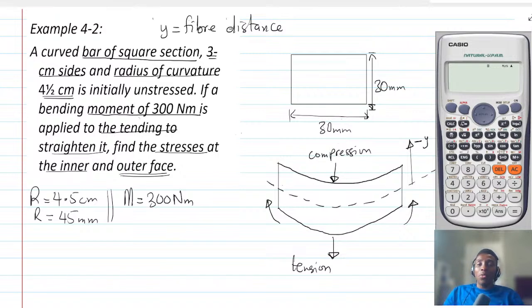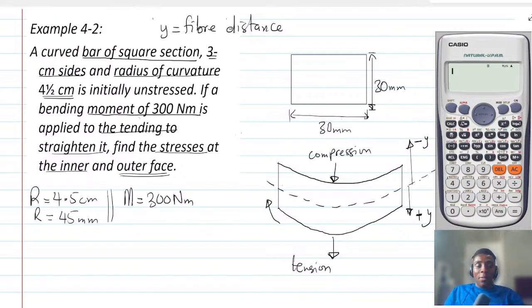If we move in a direction coming down, we call that positive y. That's all. Y is called the fiber distance.